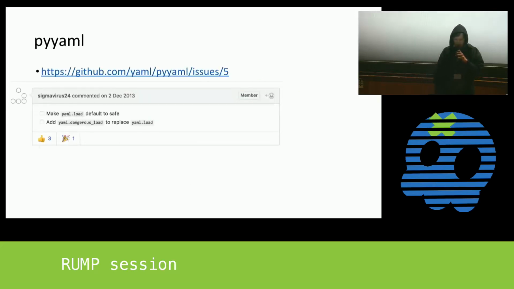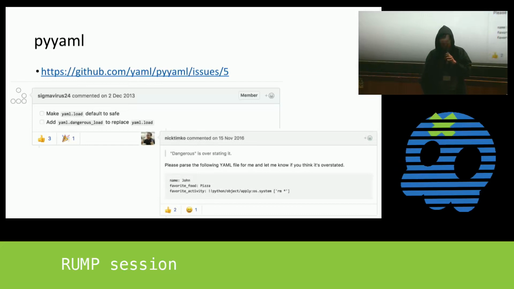This one is from PyYAML. I don't know if you can read it. So in 2013, someone said, oh, maybe we should rename the function yaml.load into yaml.dangerous_load. And then in 2016, someone commented, oh yeah, if you put this command in a YAML file, it will actually execute on the server.